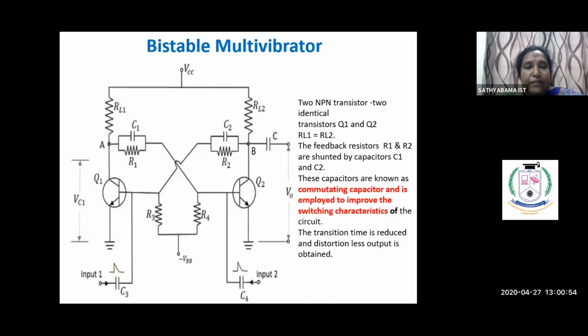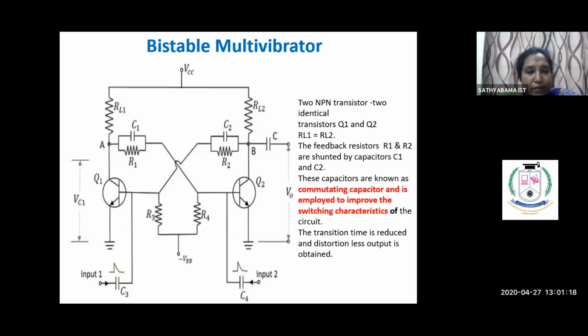Now Q1 is on and Q2 is off. When we want to change the state, we have to provide a positive trigger on the Q2 transistor side, or otherwise a negative trigger on the Q1 transistor side.